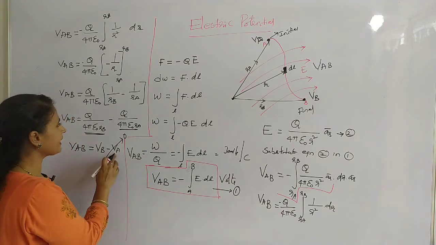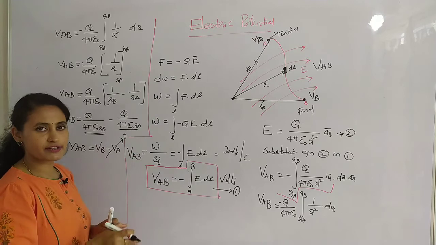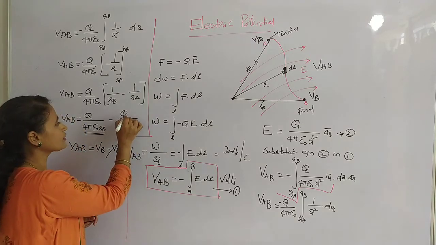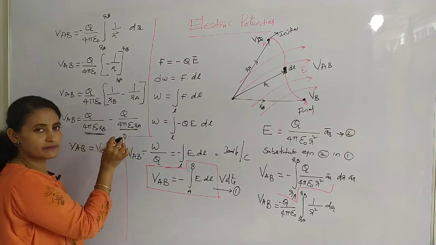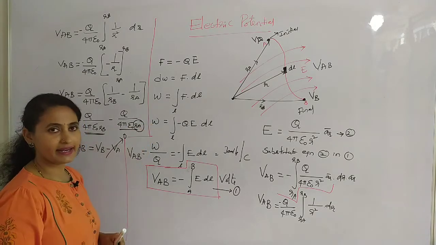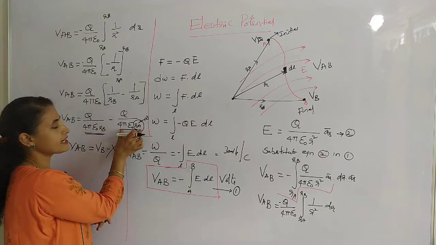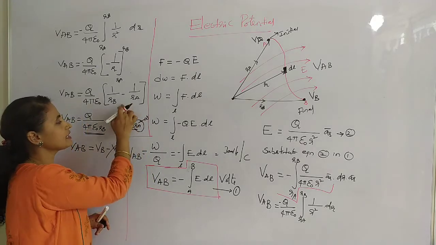So if you want to make VA as 0, what change has to be done in this term? Q by 4 pi epsilon naught terms are constants. We can make the RA term infinity. So Q upon something like infinity is nothing but 0.